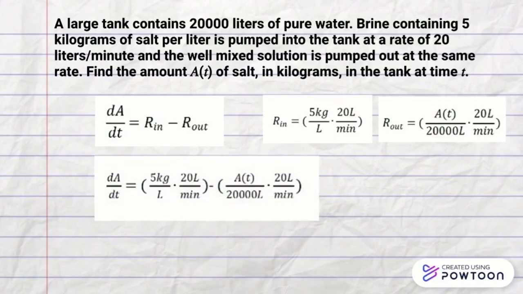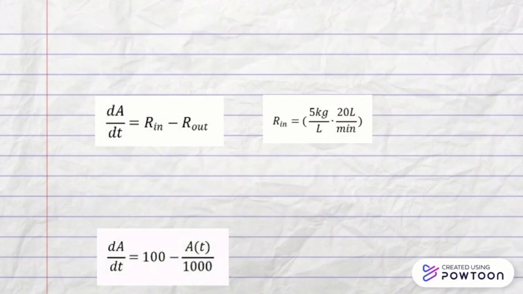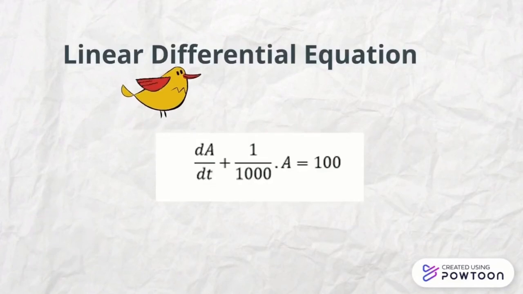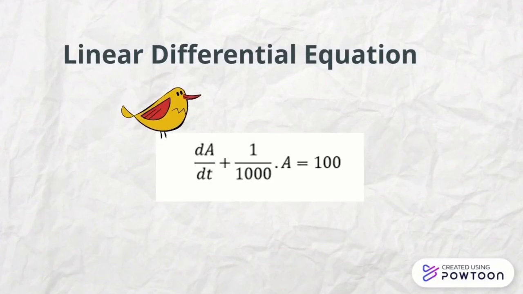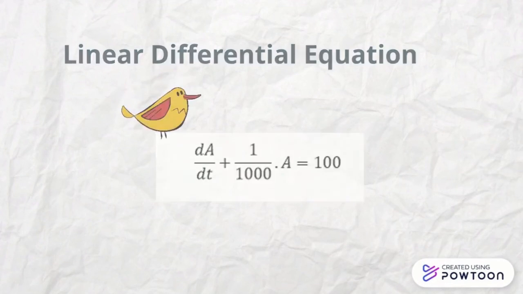We get dA/dt equal to 100 minus A per 1000. So the standard form is dA/dt plus A over 1000 equal to 100. The linear differential equation is dA/dt plus 1 over 1000 times A equal to 100.